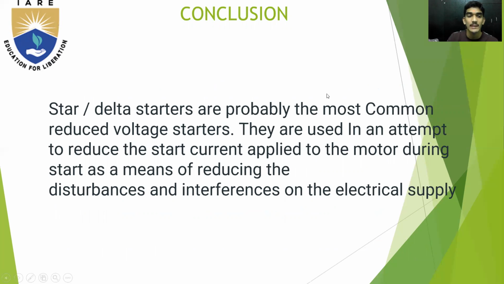They are used in an attempt to reduce the start current applied to the motor during start as a means of reducing the disturbances and interference on the electrical supply.